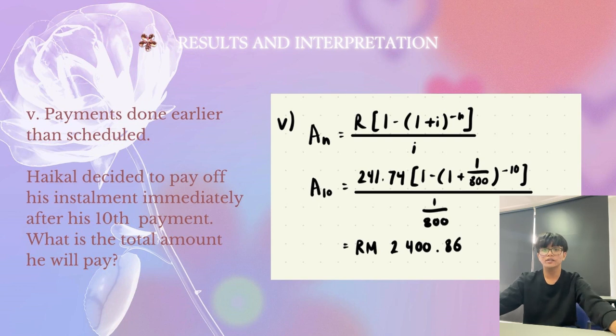We get the answer RM2,486. That means the amount that he pays for 10 months, yearly, then circular.